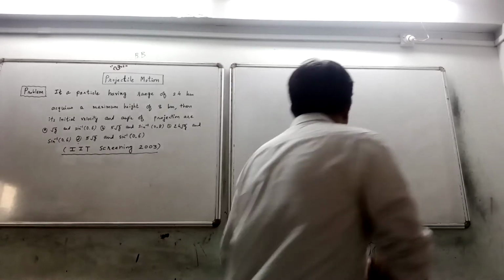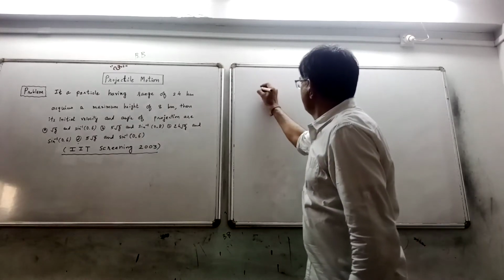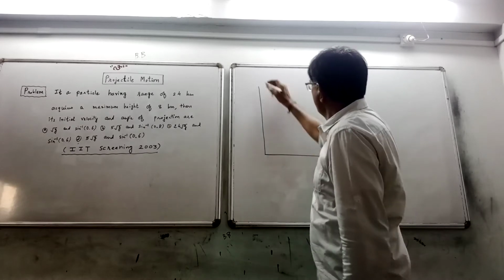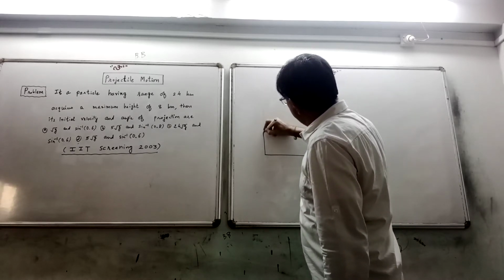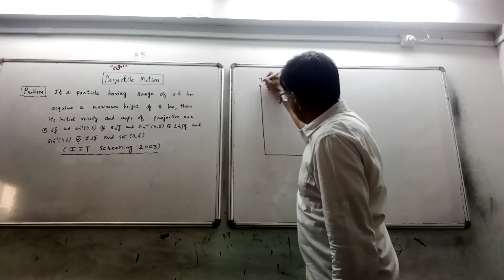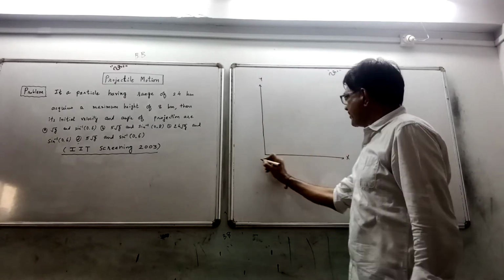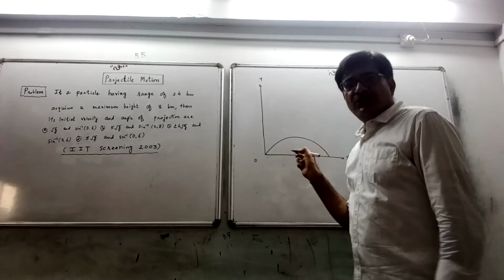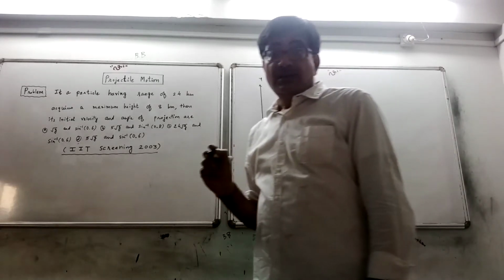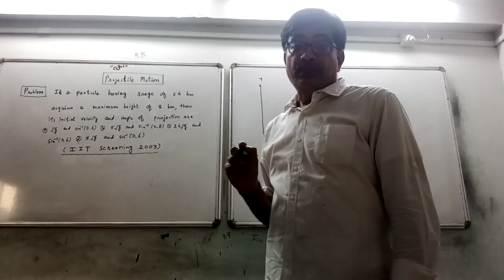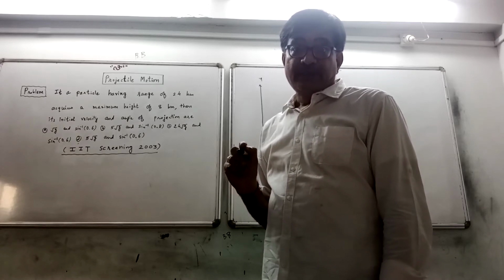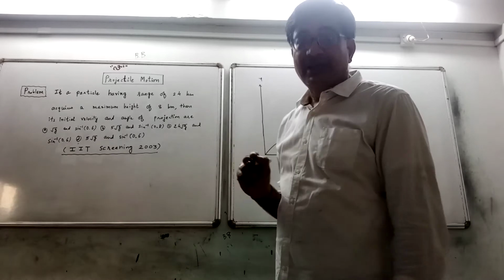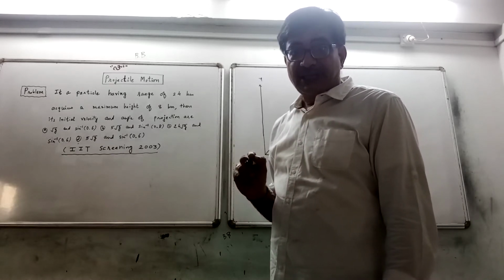So see, y-axis, x-axis, O. This path of the projected object is called the trajectory, which is here a parabola. That we will derive in an expression as well.